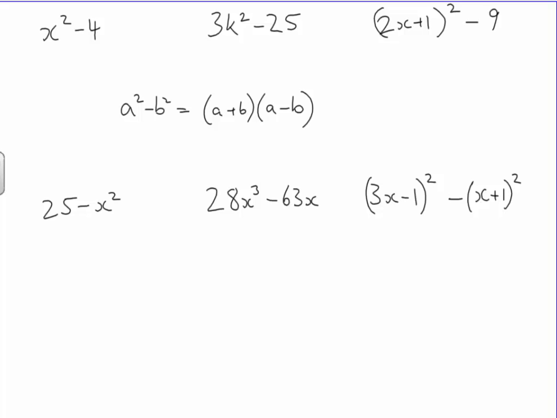So looking at these, up the top left here, you can see I've got x squared take 4. So the x squared is like the a squared that's down here, and the negative 4 is like the negative b squared that I've got here.